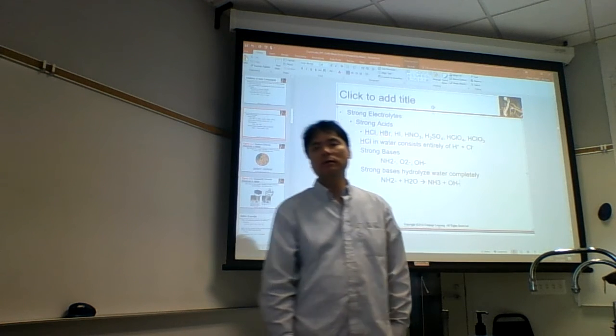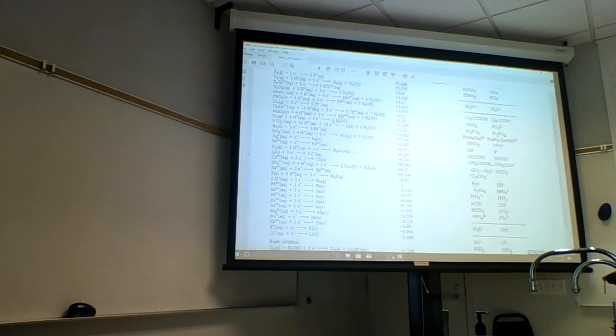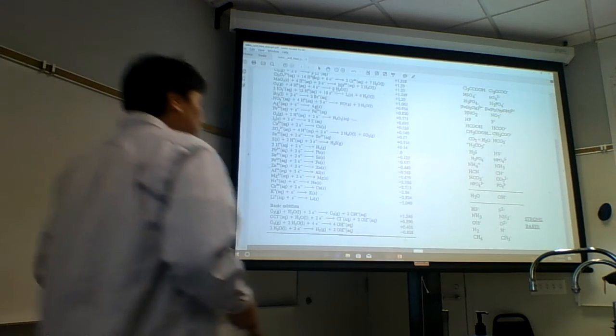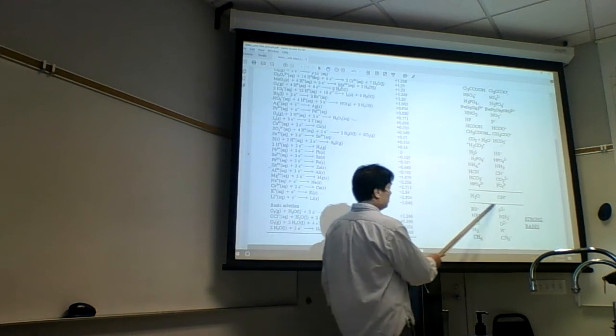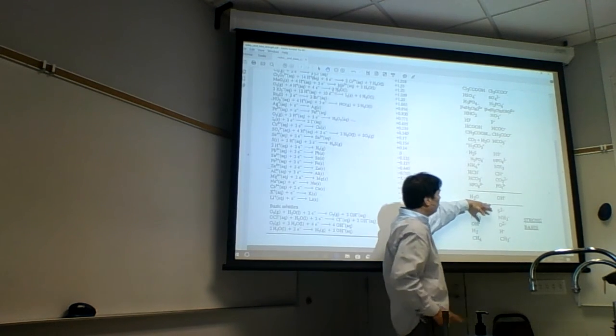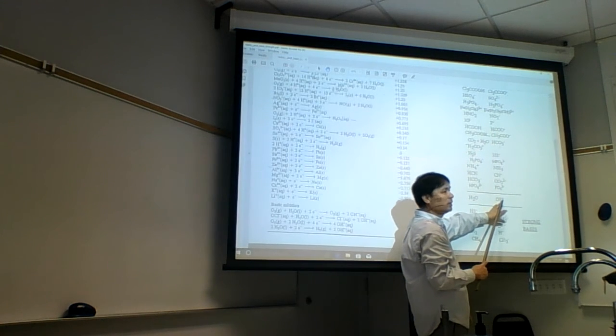This is why. Did you notice on your chart here? The chart. Did you see these lines here? This is a dividing line. All of these bases up to this point can exist until we hit here.